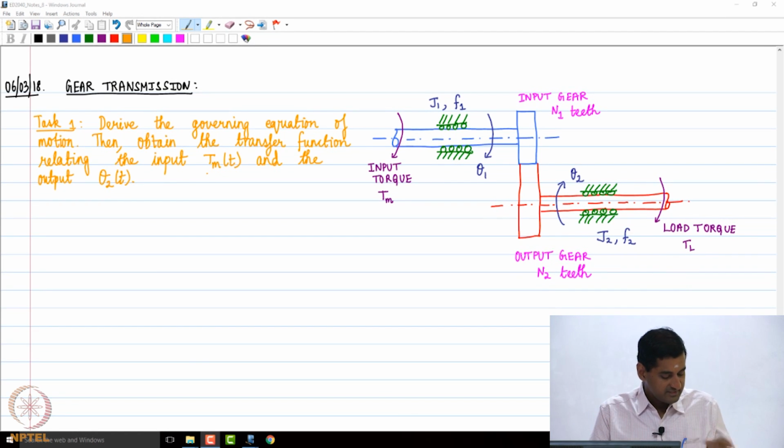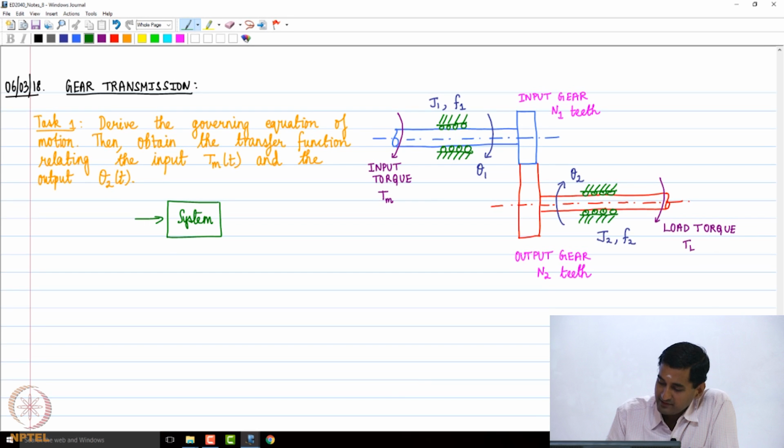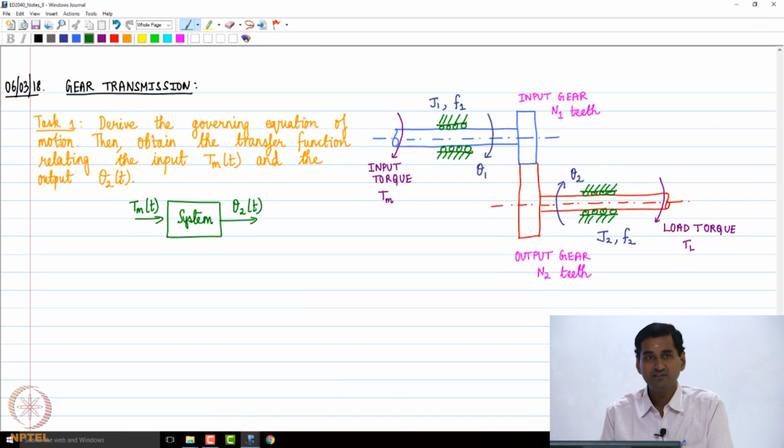So we are going to consider this entire entity as a system to which we provide the torque Tm(t) as the input, and the angular displacement of the output shaft theta 2(t) is the output.